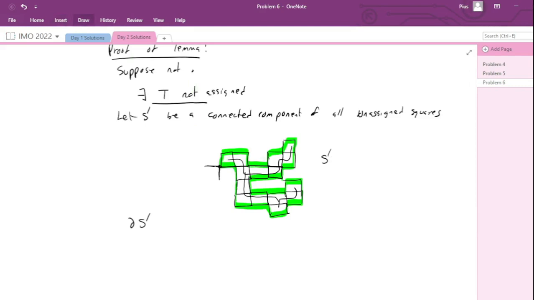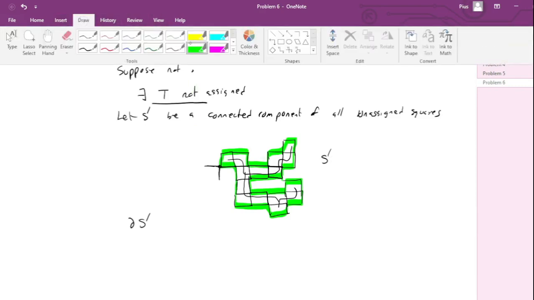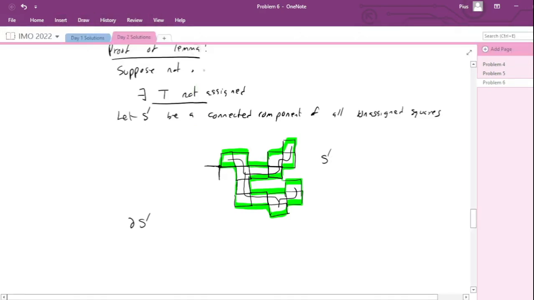Okay, so once we've identified the boundary, then if you look at the arrows, because some of these will have some arrows, right? All of these are uphill paths or part of uphill paths. So there are some arrows.